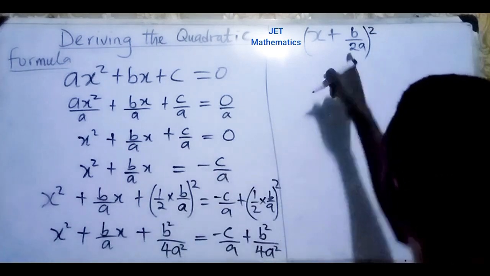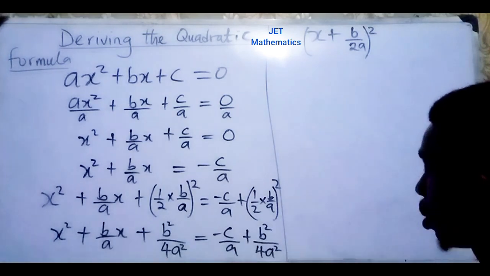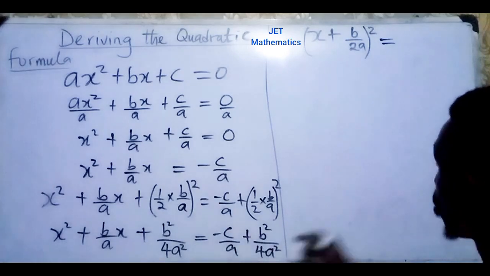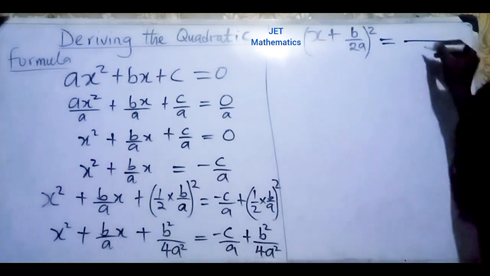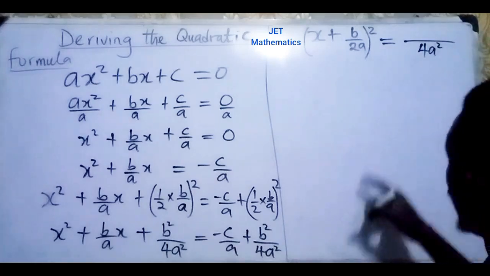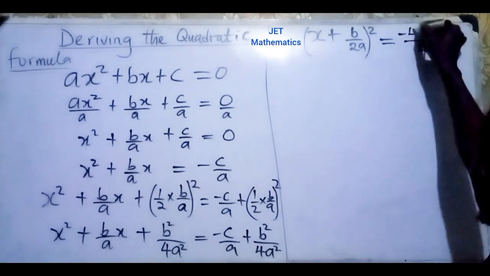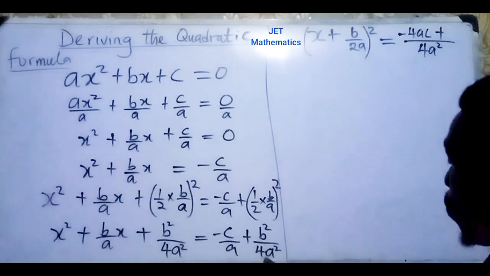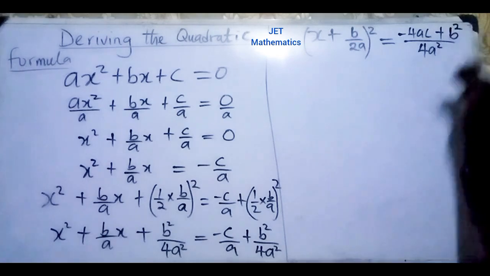Solving these fractions, the LCM of a and 4a squared is 4a squared. 4a squared divided by a is 4a, times c is minus 4ac, plus 4a squared divided by 4a squared is 1, times b squared is b squared.